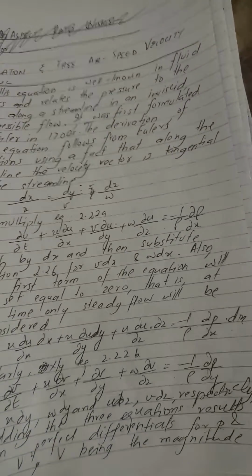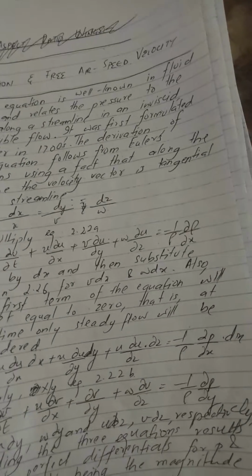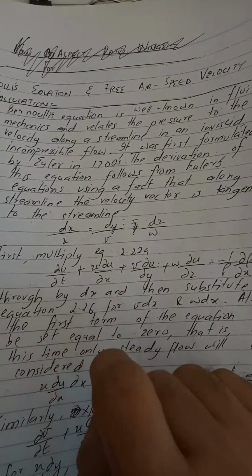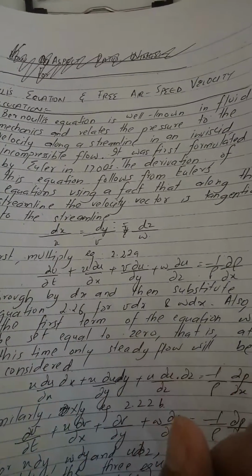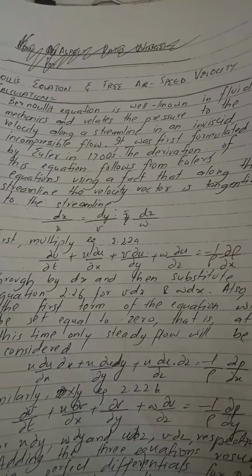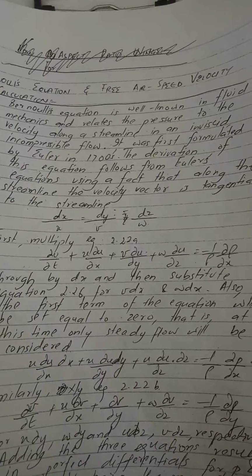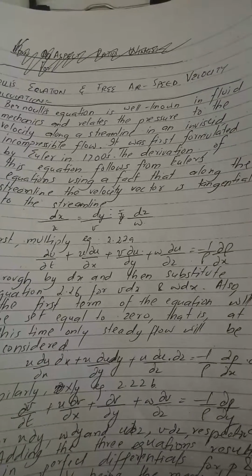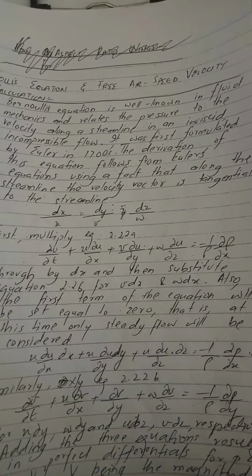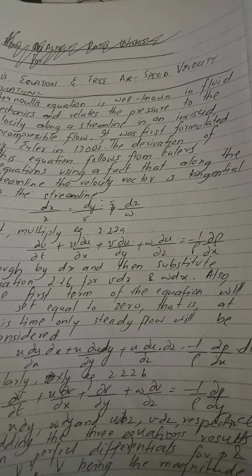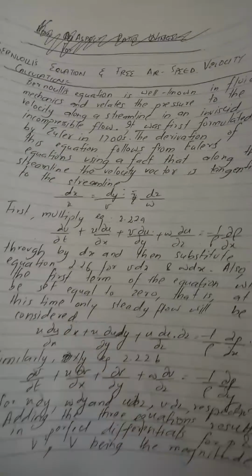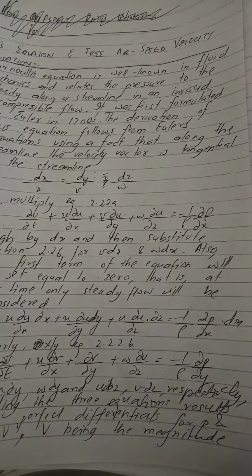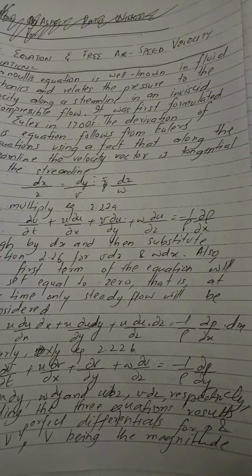First, multiplying the equation, du over dt plus u times du by dx, and we're going to represent v and w as well with respect to y and z, equals minus 1 over rho times dp by dx, and then substitute this equation for u dx, v dy and w dz.